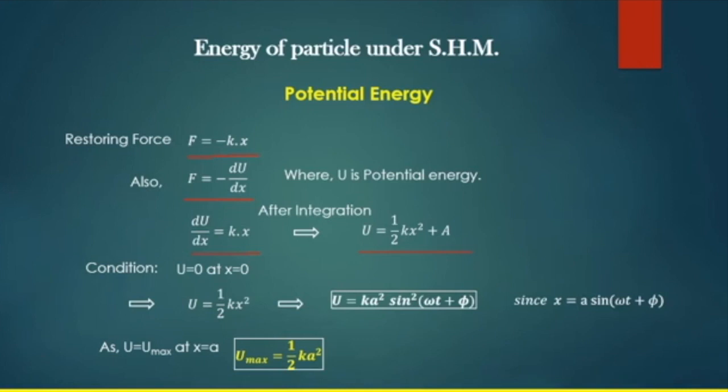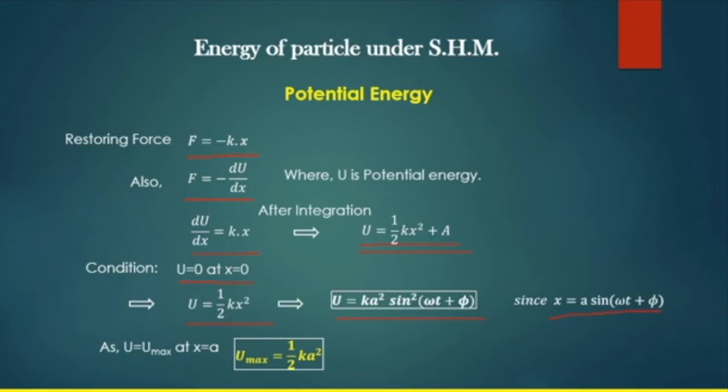Now putting the condition that at the center, at x equal to 0, the potential energy will be 0, because at that point the particle will not be at rest and will have maximum velocity, and thus putting these two values in this equation we will get U equal to half kx square.